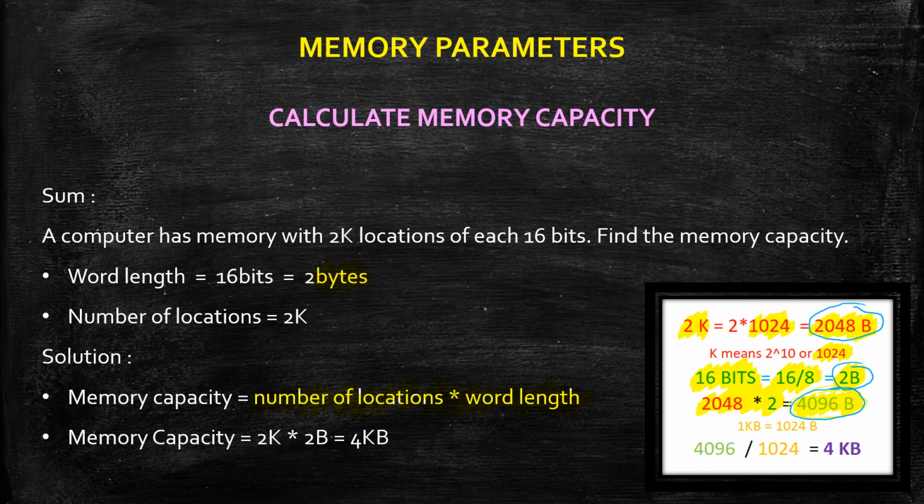So to convert this byte into kilobyte, we know that 1 kilobyte is equal to 1024 bytes. This we know, right? So just divide this value: 4096 divided by 1024, and finally we got 4 kilobytes as an answer, right? So yes, it's an easy calculation. So this is all about how to calculate memory capacity.